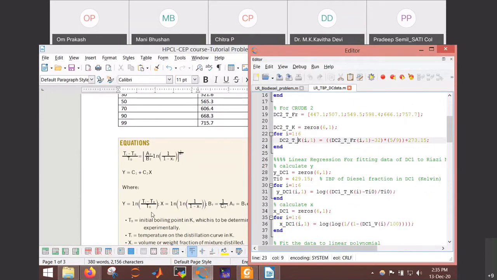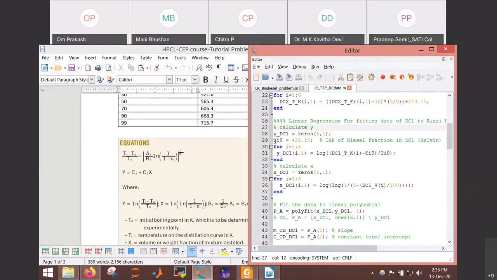Now we will find this y, which is the function of my true boiling point, and then we'll find x, which is the function of volume fraction. This T naught, as I said earlier, is a constant given to us. It's the initial boiling point in Kelvin, given as 29.15.